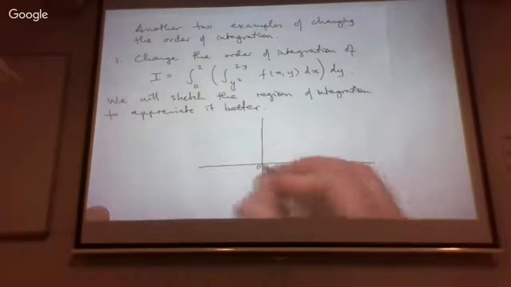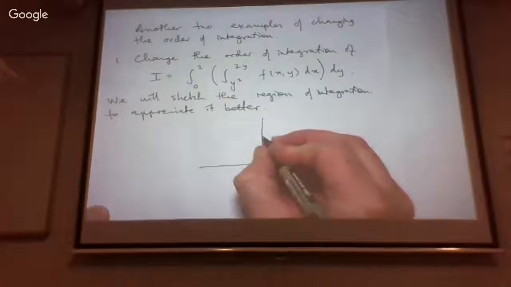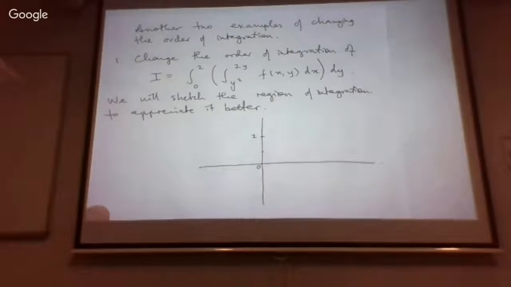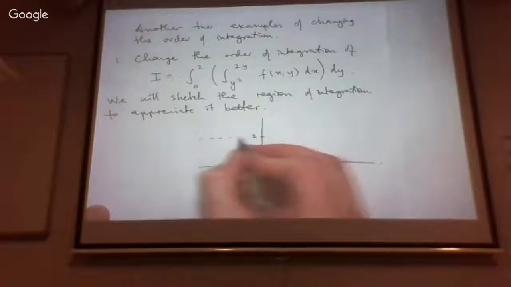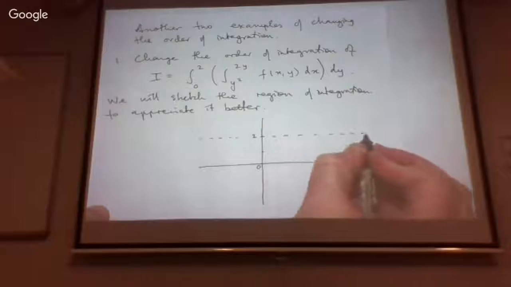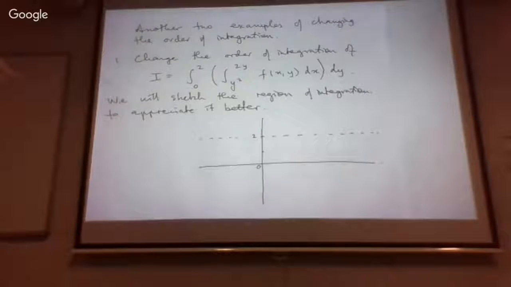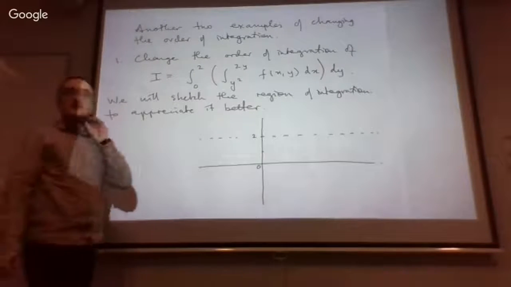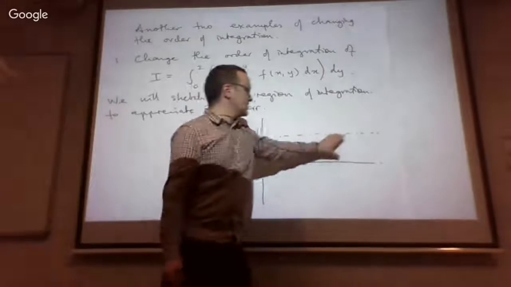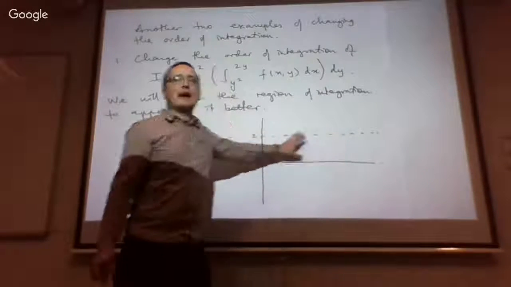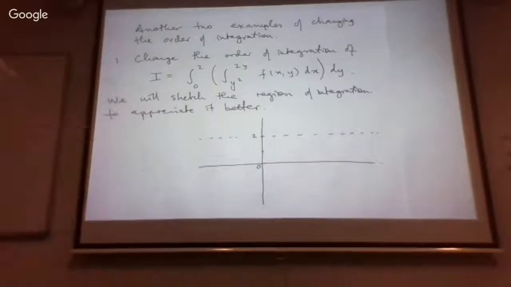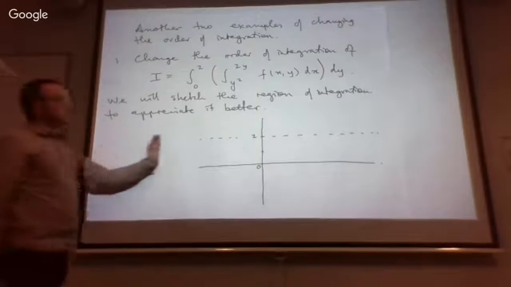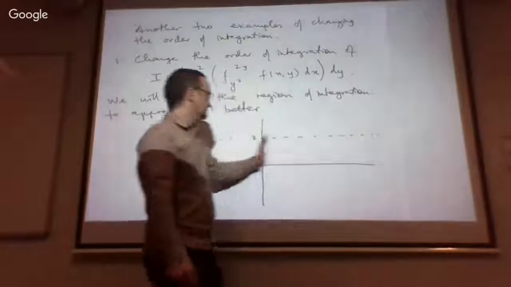Here we have y equals 0, y equals 1, say, and y equals 2. So wherever the region of integration is, it's to be found somewhere within this horizontal band between y equals 0 and y equals 2.